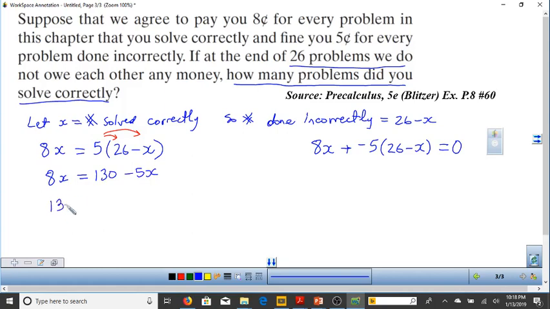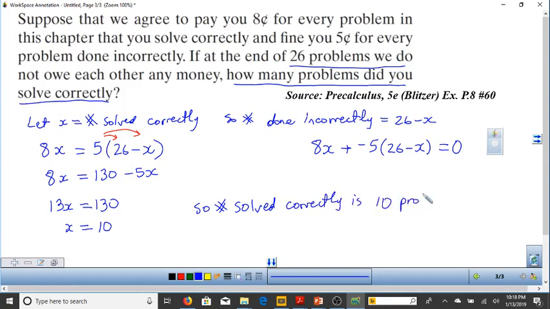And dividing both sides by 13, we get 10. So the question is, number solved correctly, since x represented that number, it's 10 problems. And there we have it.